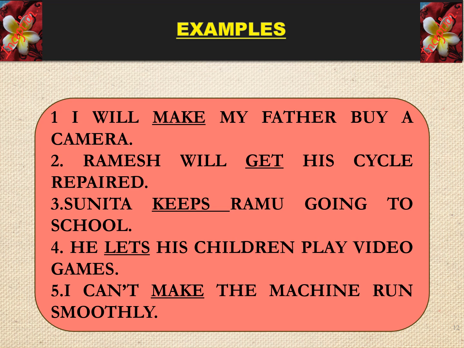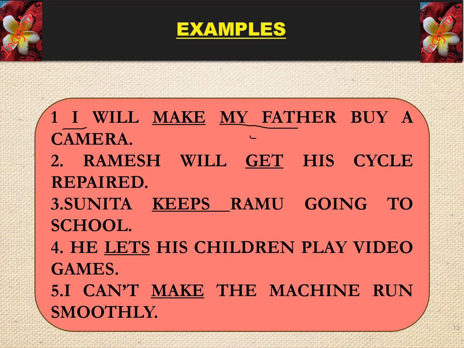Okay, number one, I will make my father buy a camera. So we will see one by one. What is the subject of this sentence? Subject of this sentence is I. And what is the object of this sentence? My father. And who is buying the camera? Who is doing the work?